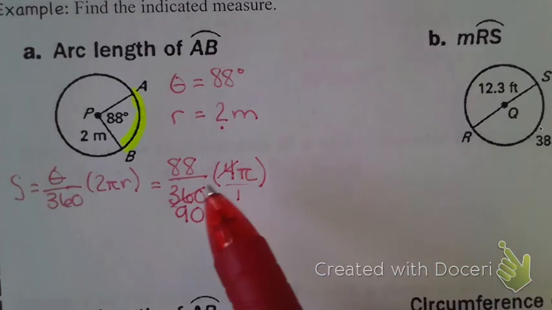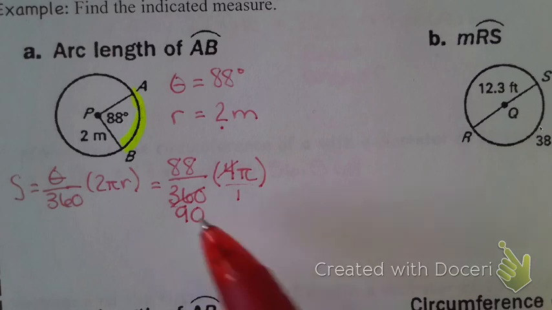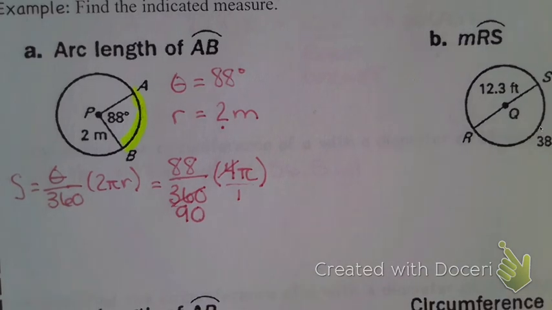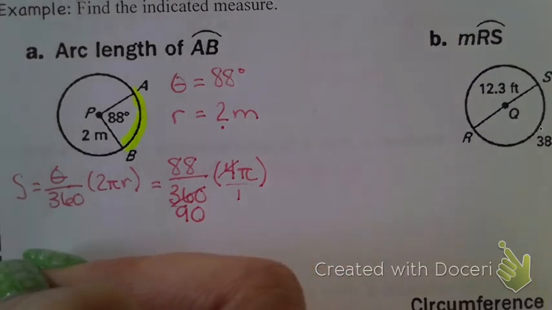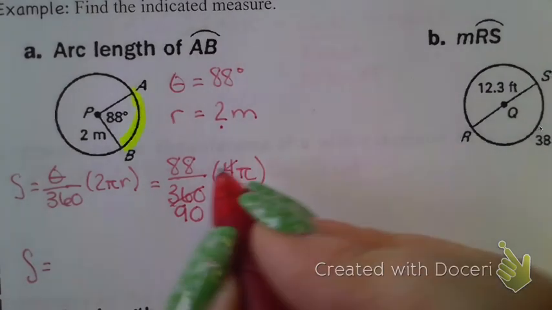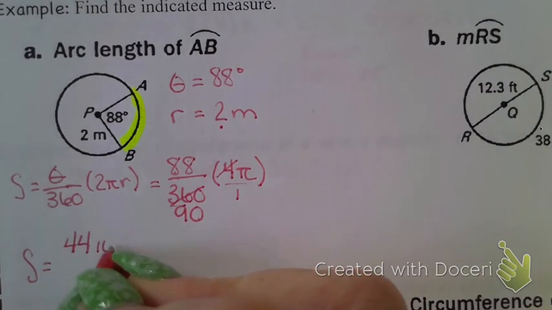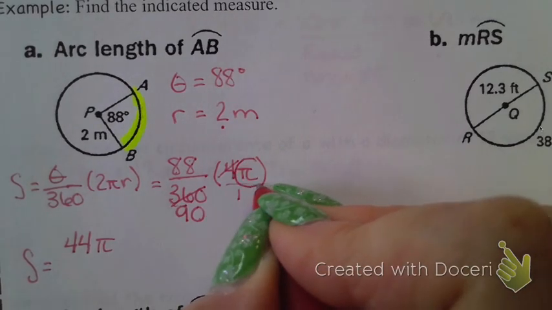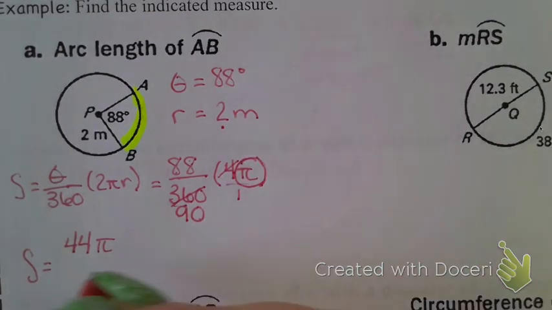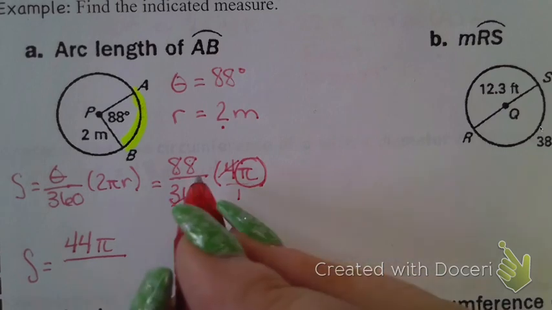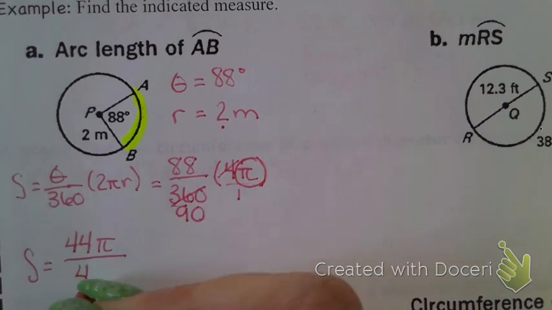Does something go into both 88 and 90? 2. So S is going to equal, what, 44 pi. Don't forget you have your pi hanging out over here, right? Over 90 divided by 2 is 45.